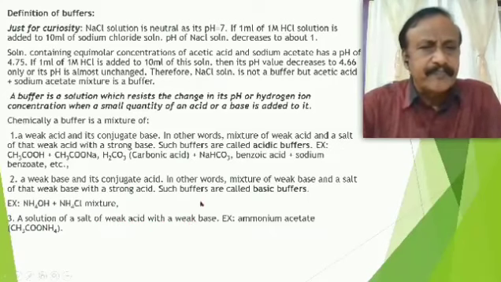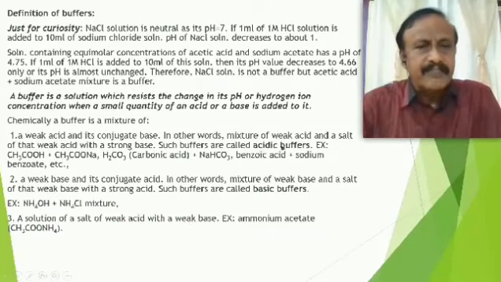The first one is called acidic buffer. Acidic buffers are the buffer solutions which are prepared by mixing a weak acid and its conjugate base. In other words, a mixture of a weak acid and a salt of that weak acid with a strong base.